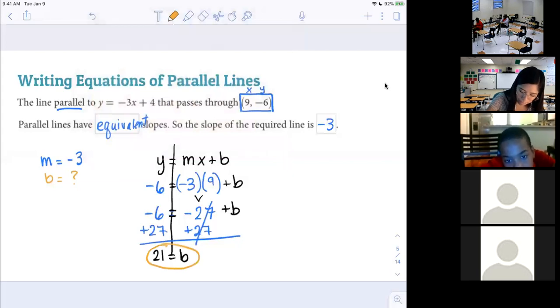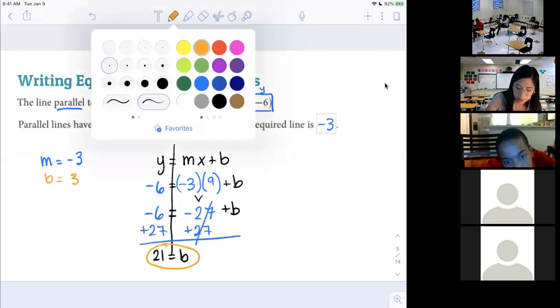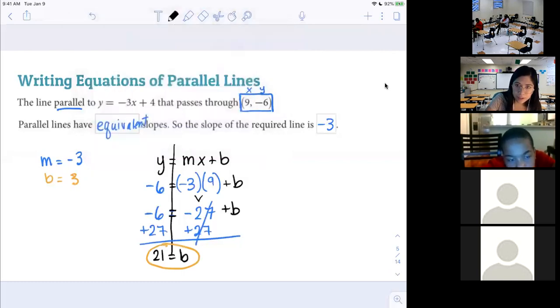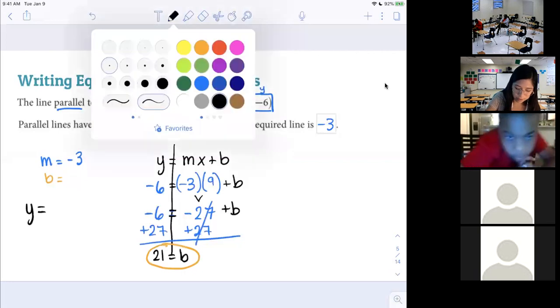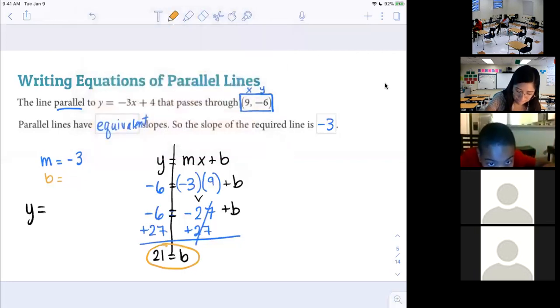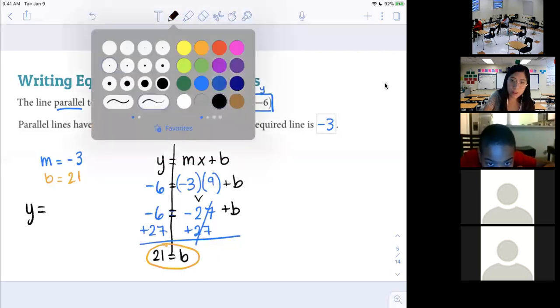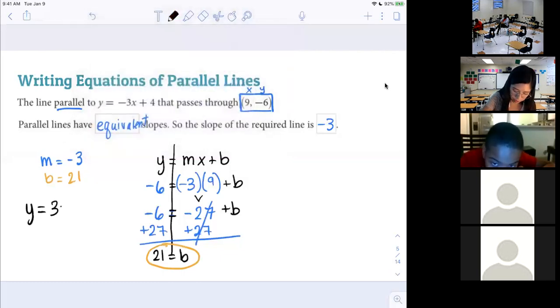We have our m. Let's finish the problem and write the equation. What's my equation? I don't know why I wrote 3, my bad. It's 21. All right, good, Perla. Y equals 3x plus 21.